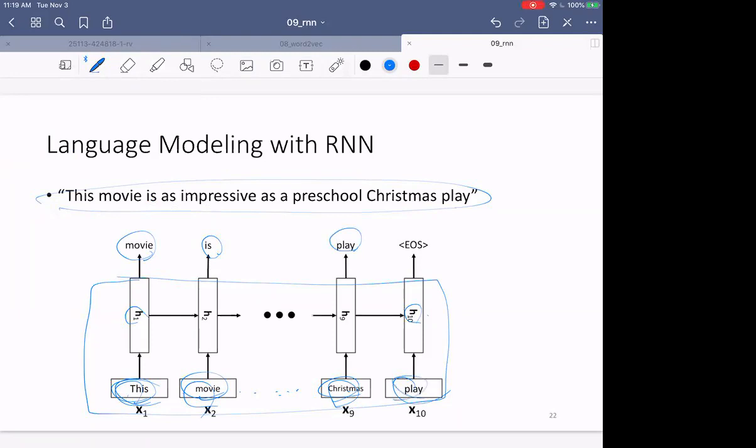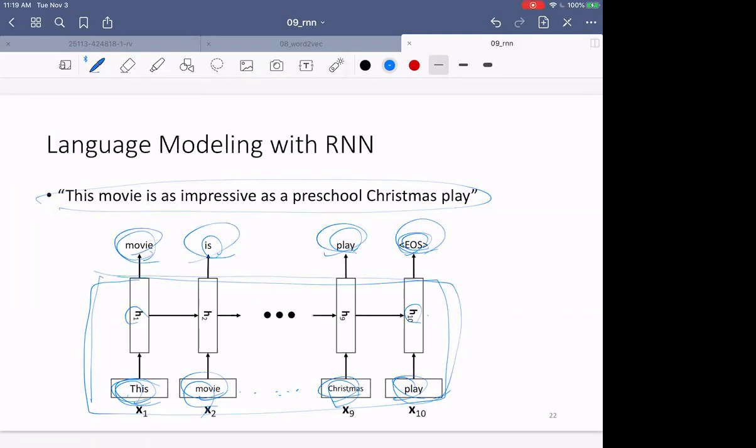And then given play, which is the end of the sentence, you actually need to predict end of sentence, which is the special token. So EOS, end of sentence, is usually a special token used for indicating the sentence is done. You no longer need to predict anything else. So you need your RNN to predict these tokens at each time step.